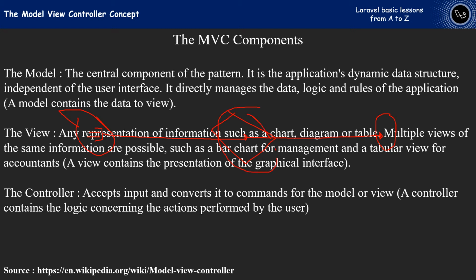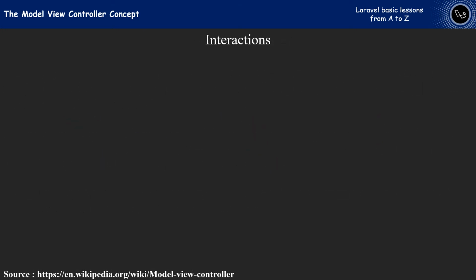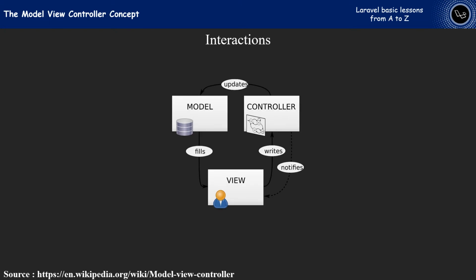I think that you are going to really understand this concept when we are going to track out the controller. Very simple and very easy. And let us first see this interaction that we have here. This is the view, what you have in your browser. I can draw, for example, a simple user here, and I'm seeing what I have on my browser.